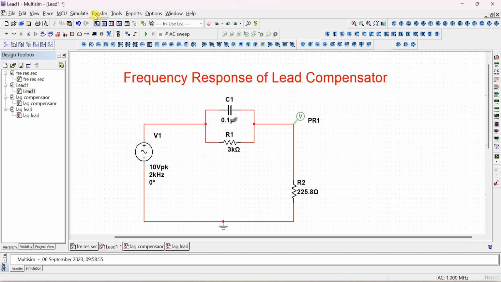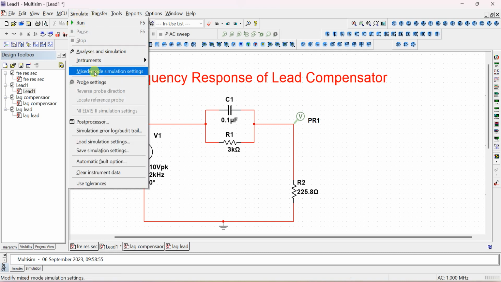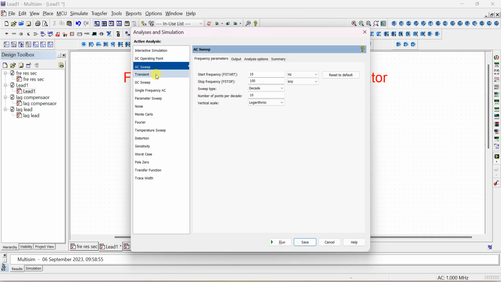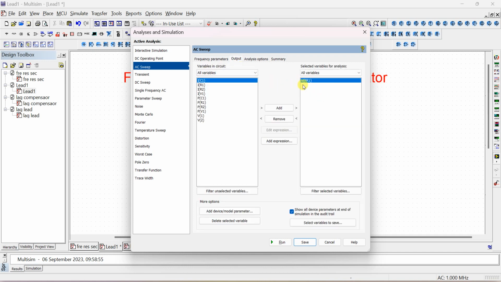So go to simulate, analysis and simulation. Go to AC sweep, starting frequency 10 hertz and stop frequency 1 megahertz. Sweep type is decade because it is logarithmic. For output, if you place a probe it will automatically take that probe value. If it is not there, you have to select that value and add it here.